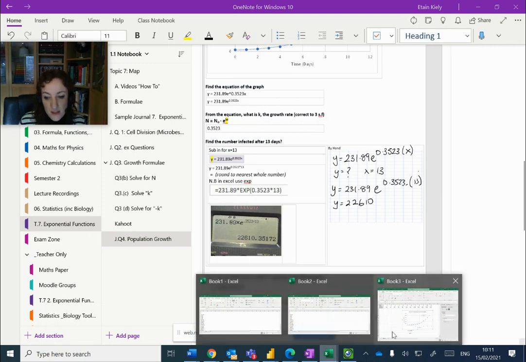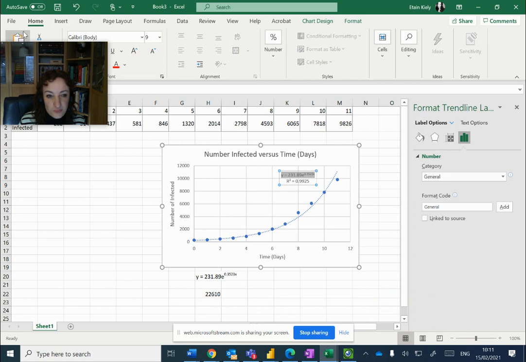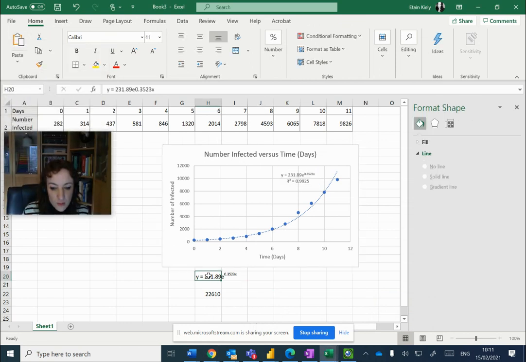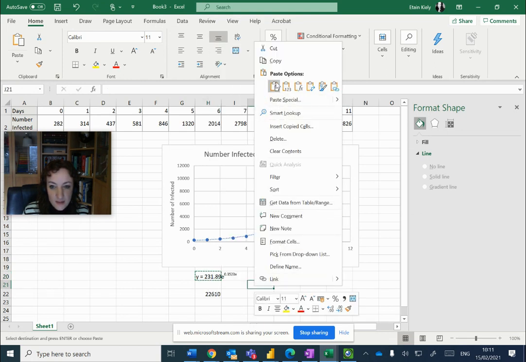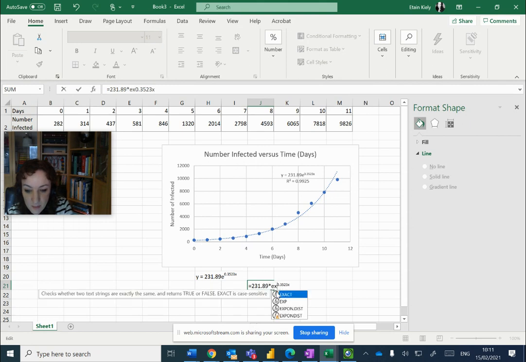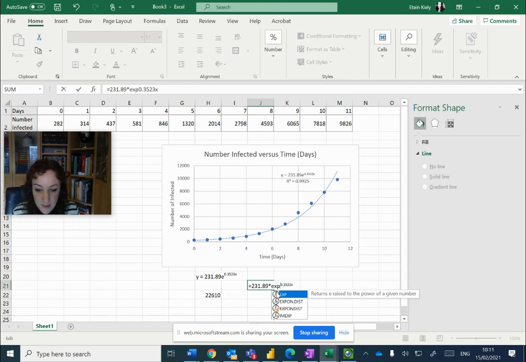If we wanted to type that into Excel, we can take the equation that we already had and copy that. I'm going to paste this here. We're going to delete the y bit because we start with an equal sign. Then we need to put in the exponential function, so we replace that with star, and EXP is the exponential function. So we double click on that.